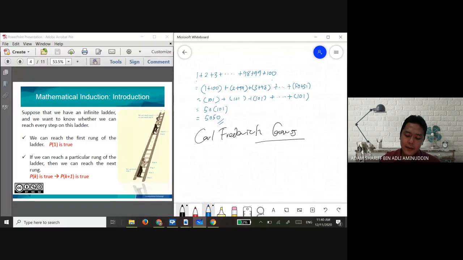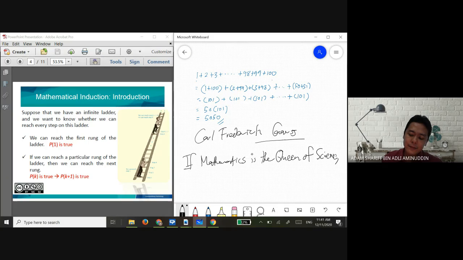He once said this quote: if mathematics is the queen of science, then number theory is the queen of maths.